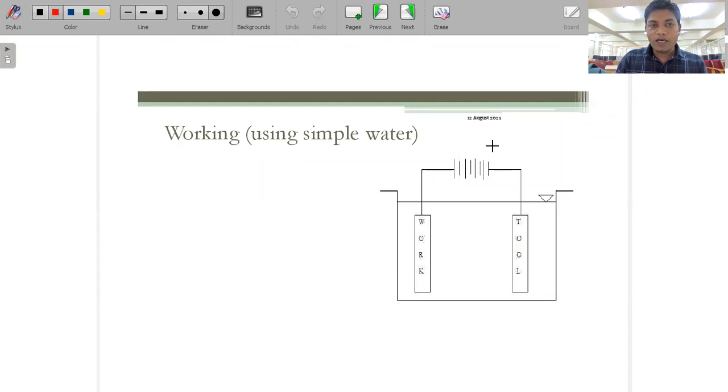So if we are taking salty water, how will this reaction be different? The salt is NaCl, so when you create the potential difference, the positive ions and the negative ions will be separated, and they will also react with the H2O ions and H2O, and that will make other sludges.